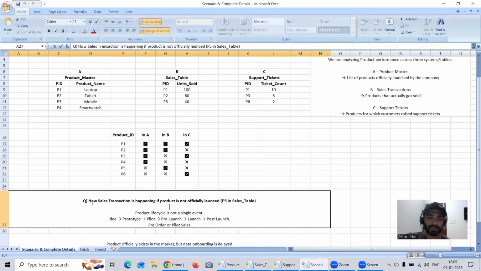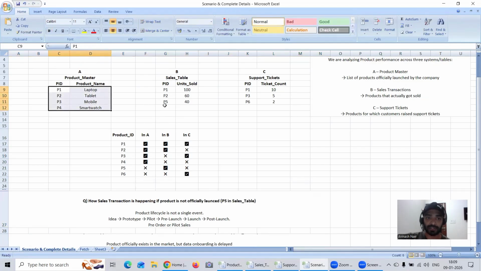One of the common questions could be: how is a sales transaction happening if the product is not officially launched? These are the products which are officially launched, but in the sales table you have P5, right? If the product is not officially launched, how come you are having sales? That could be one of the questions.